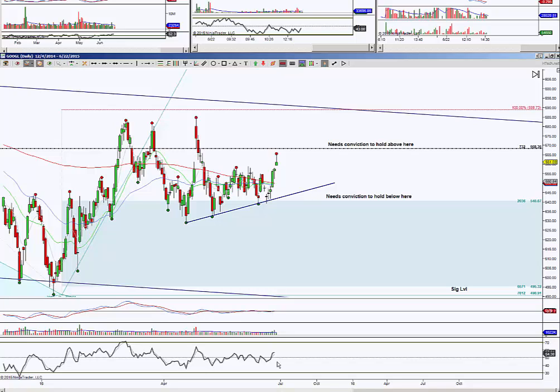Okay. Also, momentum indicators. This momentum indicator right here is also neutral, right? The volume is trying to find some upside bias, but it really needs to take out this point, 568.35, with high volume, okay?